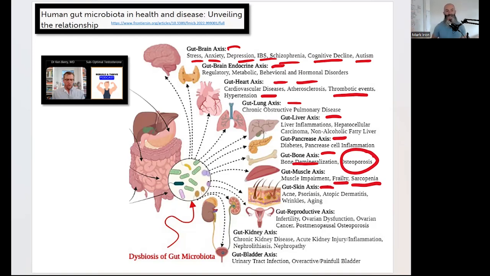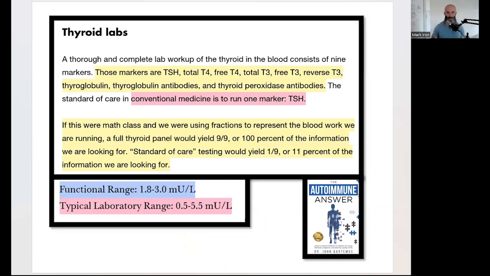And again, of course, the skin. So acne, cirrhosis, atopic dermatitis, wrinkles and advanced skin aging, and also alopecia, hair loss, and the reproductive axis. So the testes and also the ovaries for ladies, the kidney, the gallbladder, and of course, the thyroid gland itself. So, as I mentioned there, we have to do better.